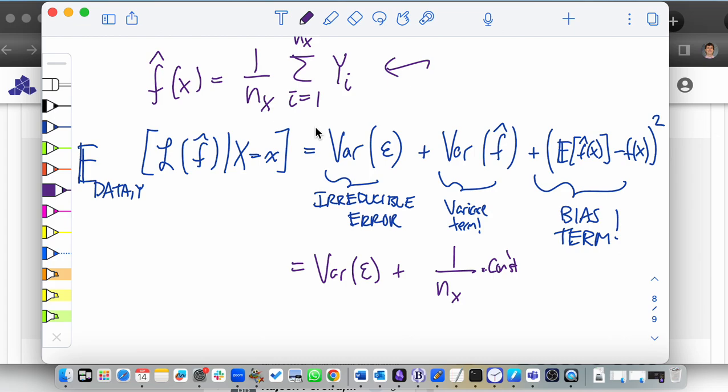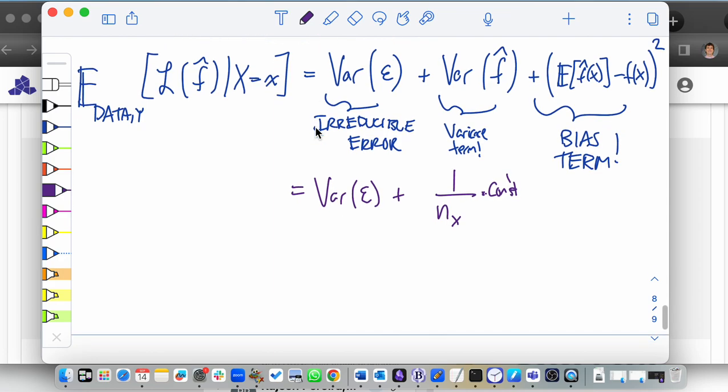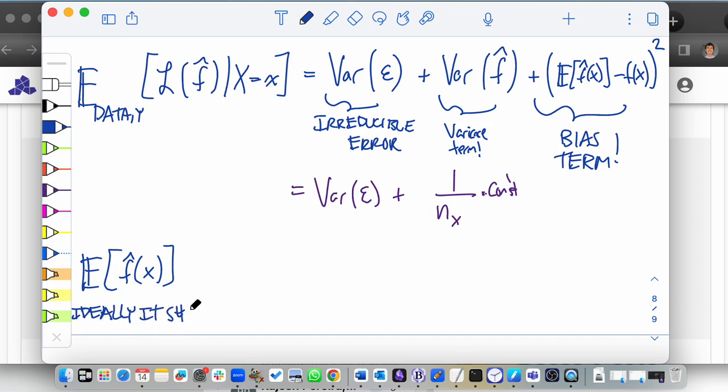In this situation, let's try to estimate what we think the expected value of f hat is. Let's try to think of that. So let's do the expected value of f hat of x. And ideally, it should be f of x, right?